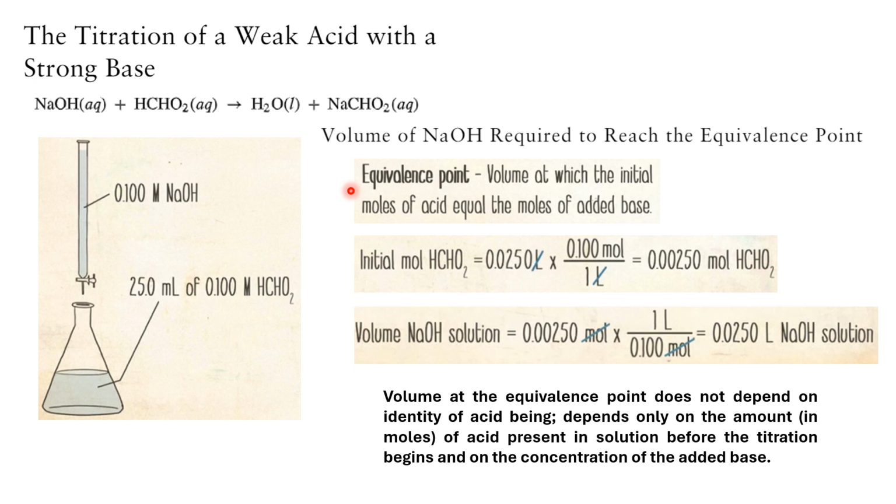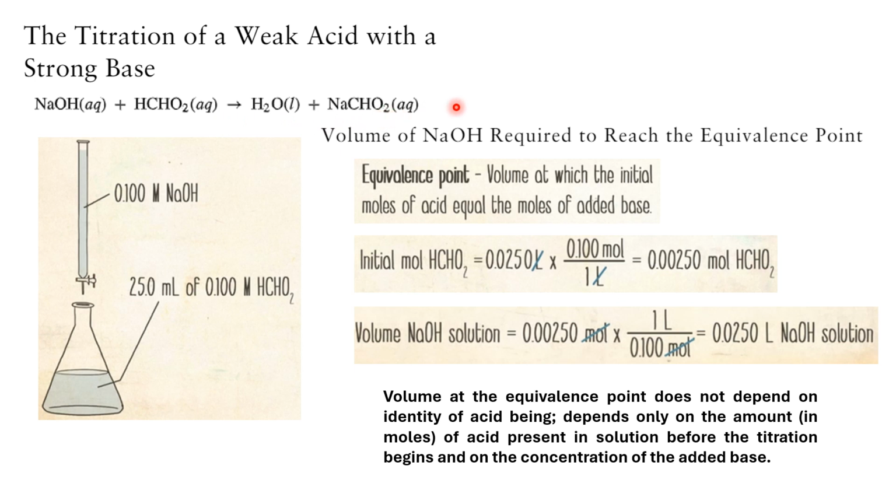Then you need to figure out the mole-to-mole ratio between the thing you're titrating and the thing you're using to titrate it, which in this case is weak acid being titrated with strong base. And the question is, does the weak acid and strong base have a 1-to-1 relationship with each other? The only way you really know that is by writing the equation out.